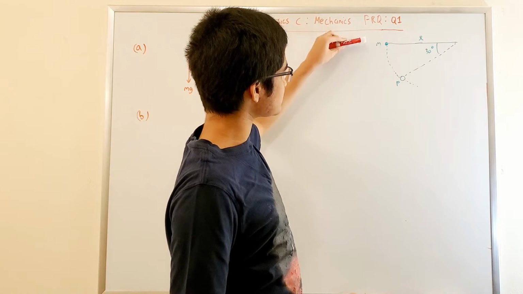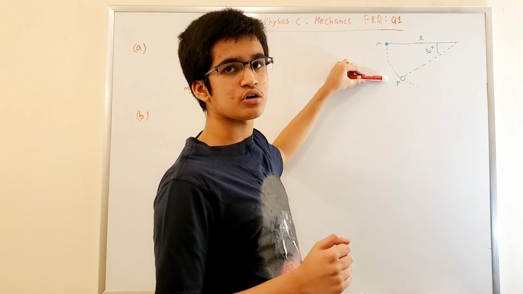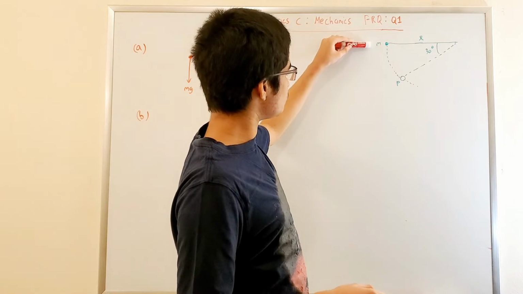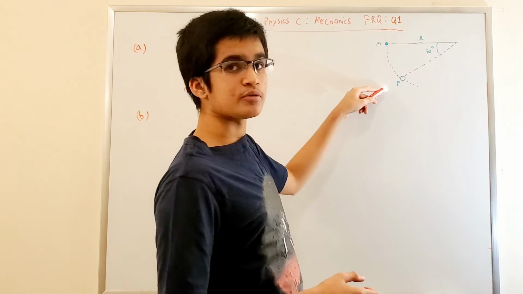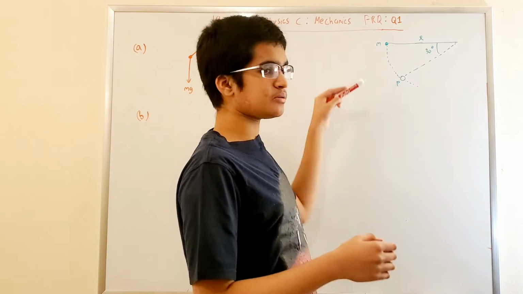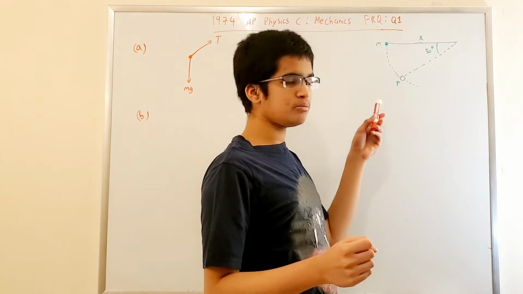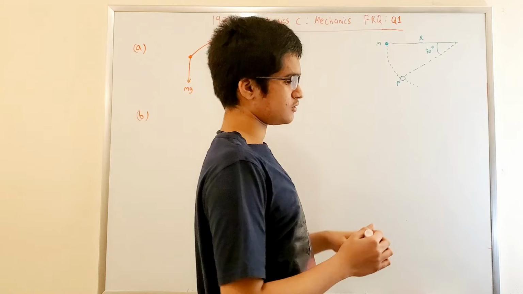But it's at some height, and we can take P as our zero reference point. So M is going to be at some height. And for P, it's going to be at zero height, so it's going to have zero potential energy, but it's going to be moving, so it's going to have some kinetic energy.